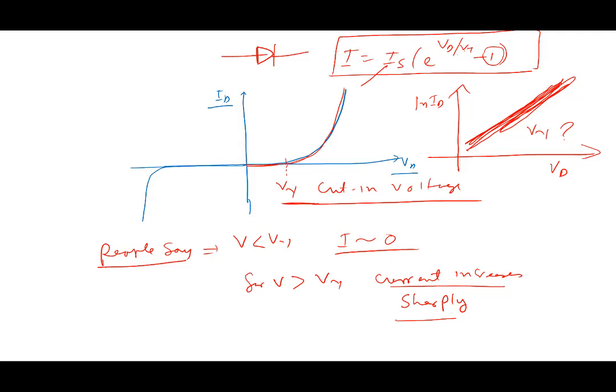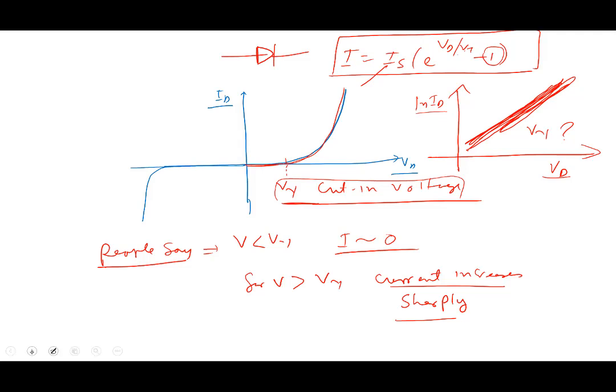This V gamma is all related to the fact that you're working in some range of current, and for that range you could assume it to be 0.7 or 0.65 and so on. But there's nothing special in a diode called V gamma or cut-in voltage. A diode is a simple exponential, with a linear variation of log current with voltage.